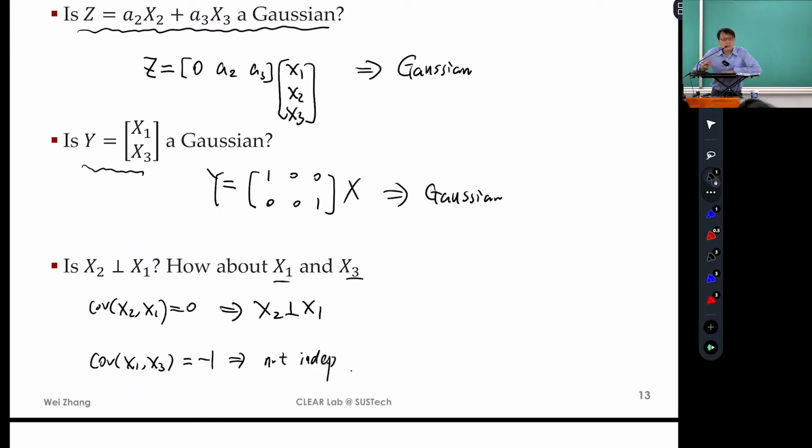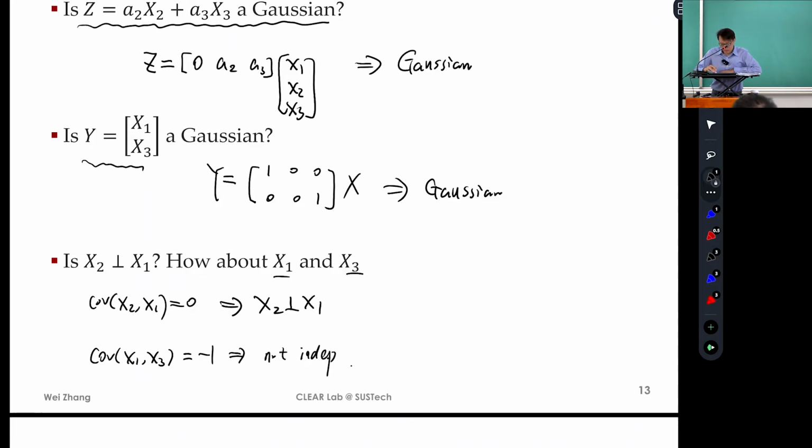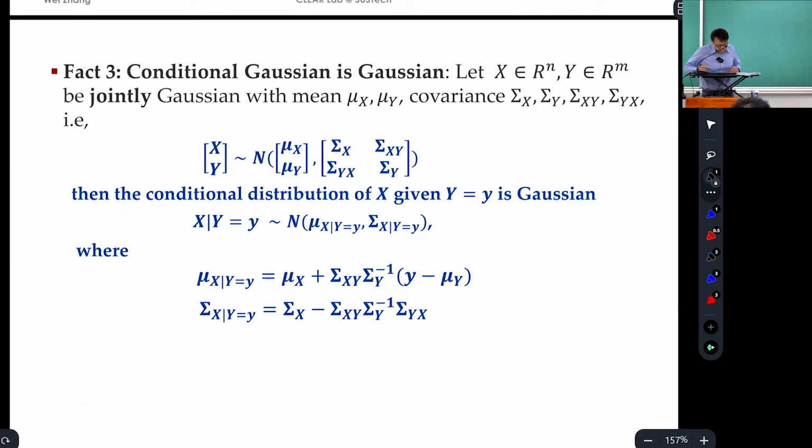Here we come to the most challenging and most important part for Gaussian random vectors, which is the third fact: conditional Gaussian is Gaussian. The fact formally states the following: conditional Gaussian is Gaussian.